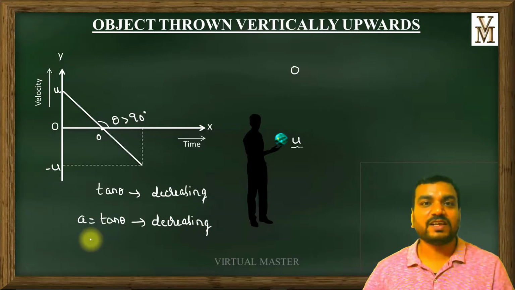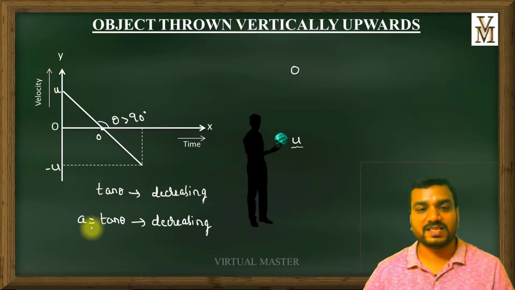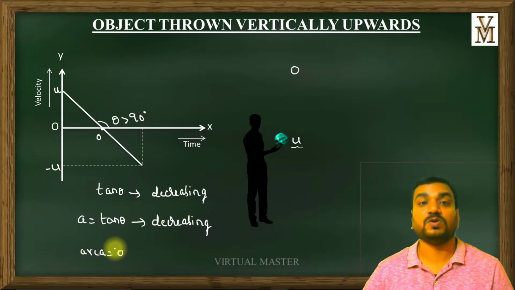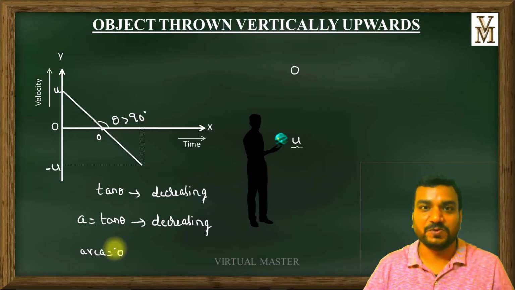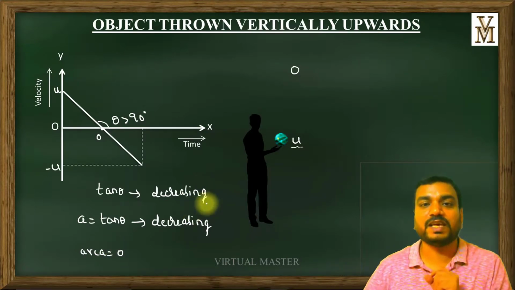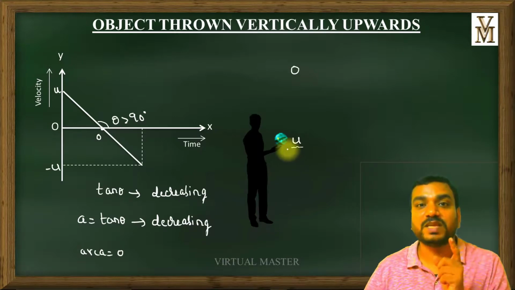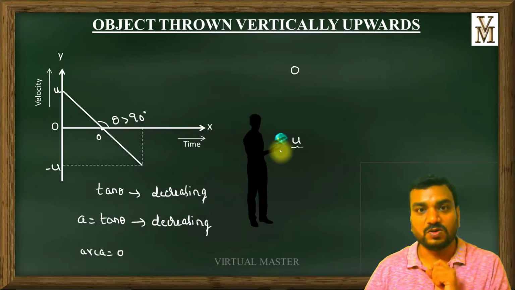Now if we calculate the area under the curve in this case, then we are going to get area equal to 0, which means the displacement of the object is 0. Even from our example, we can easily make out that the displacement of the ball is 0. How?